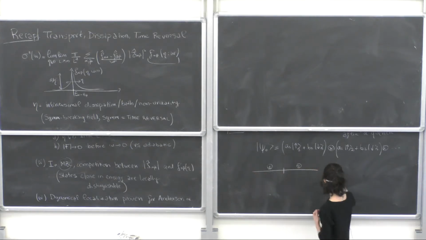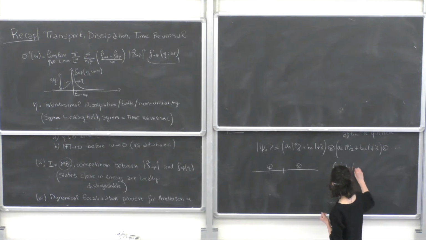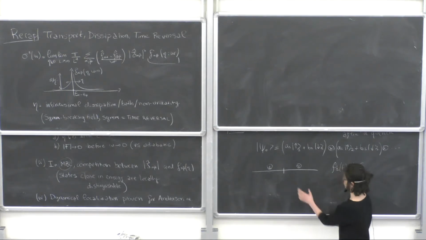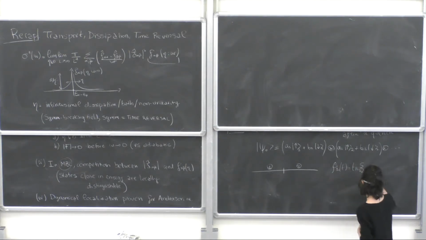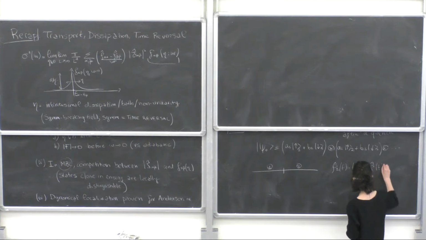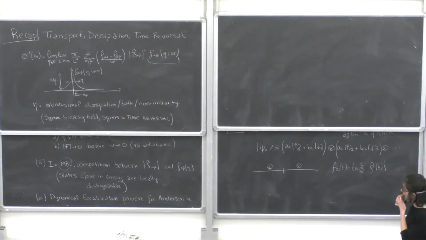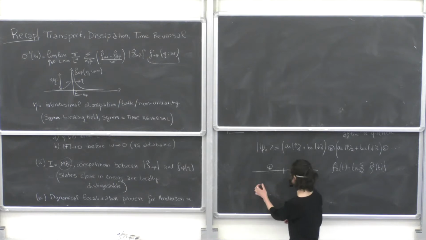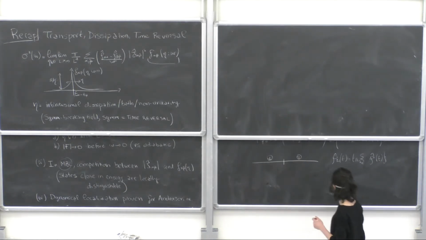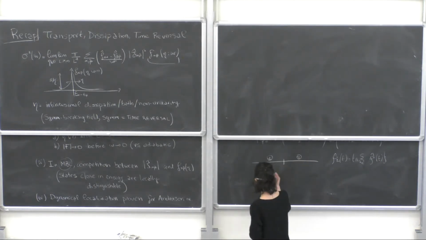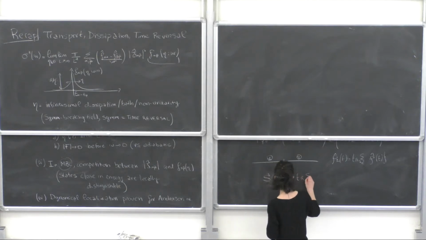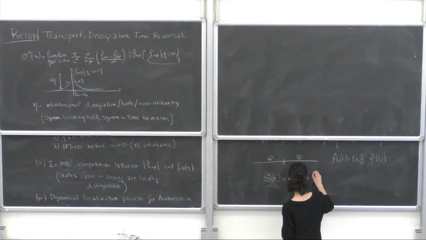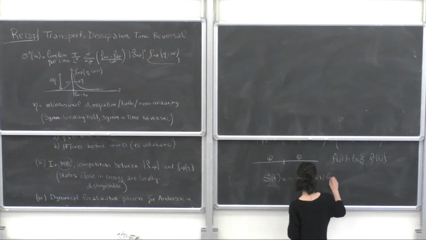So you introduce a reduced density matrix, rho 1 of t, which is defined by tracing over the second half of the system your full density matrix. And then you look at the so-called half-chain entanglement entropy that you define as minus the trace of your reduced density matrix times its log.